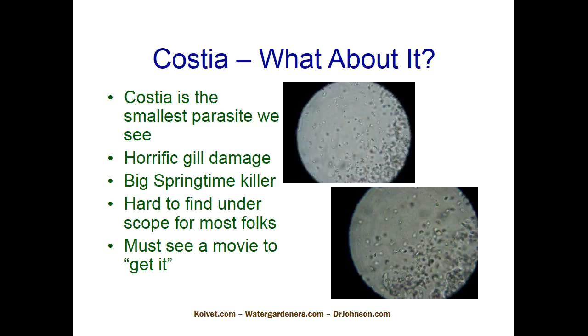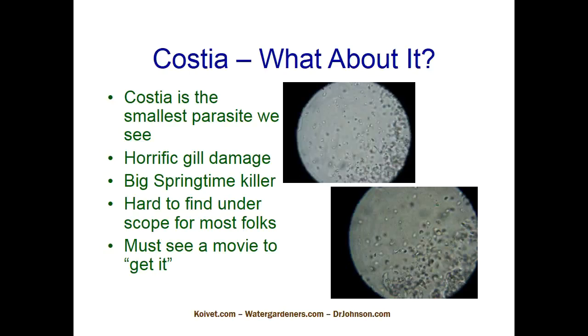You removed the driftwood to treat the tank, and the driftwood dries out, so you're pretty sure that you don't have a disease organism going back in. And you put the driftwood back in there, and lo and behold, you have Costia again. There's the reason. It dried. And so, sometimes it's smart to leave ornaments in and treat the entire system and clear the Costia that way.